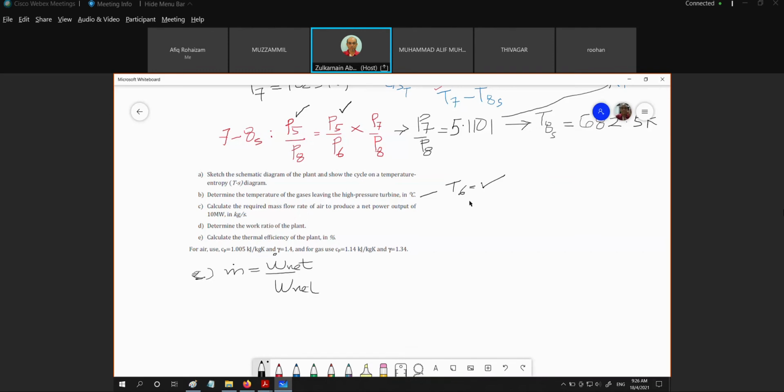If you look at the unit, this is in kilojoule over second divided by kilojoule over kilogram.